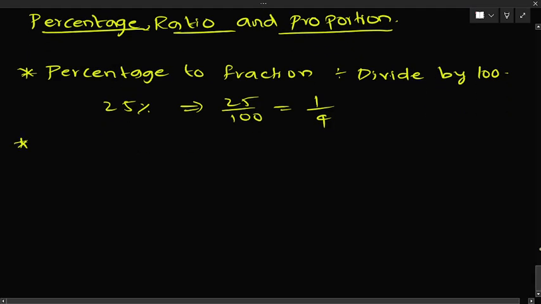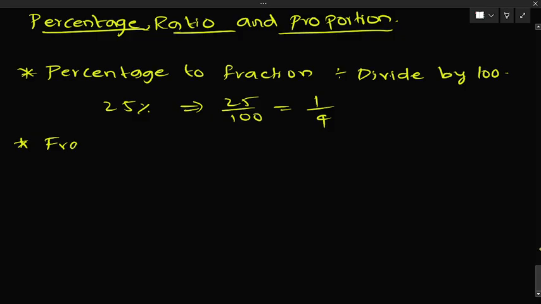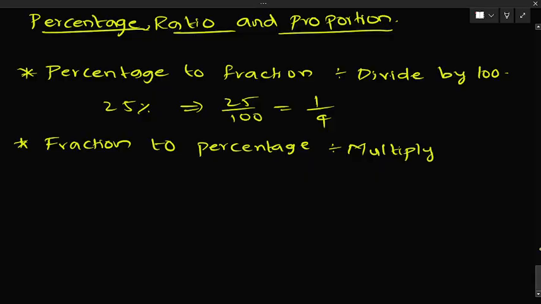And the next one, fraction to percentage. Here, if I want to convert a fraction to percentage, I simply multiply by 100. So in the first case it is division, and in the second case I multiply by 100.